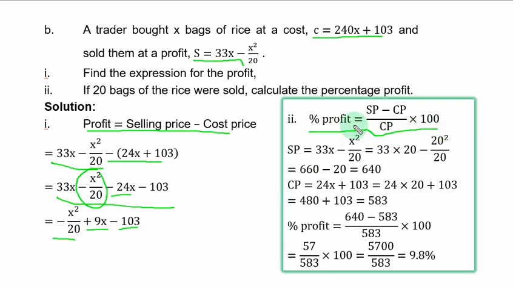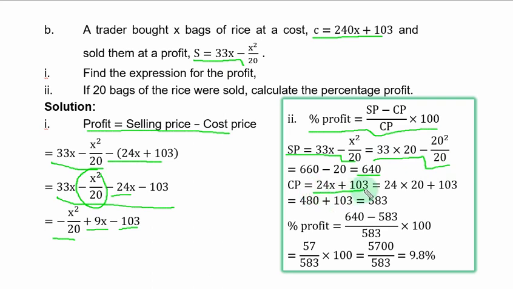From the problem, the selling price is this. So at this point, 20 bags of the rice were sold, so S is 20. If you put S into the selling price expression, you have 640. This is the cost price.